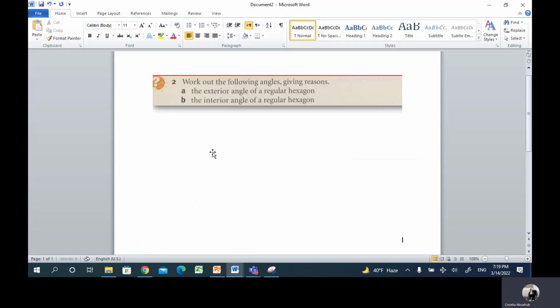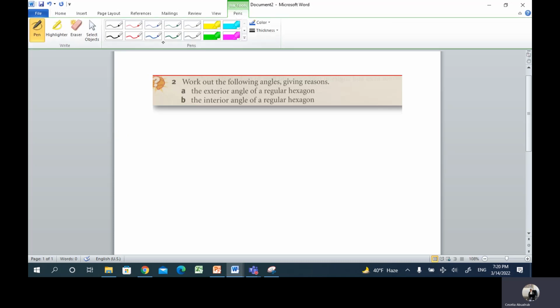Okay, here. So work out the following angles giving reasons. The exterior angle of a regular hexagon. What I wanted to say is that when we're talking about a hexagon, we know that the hexagon has 6 sides, meaning n is equal to 6.